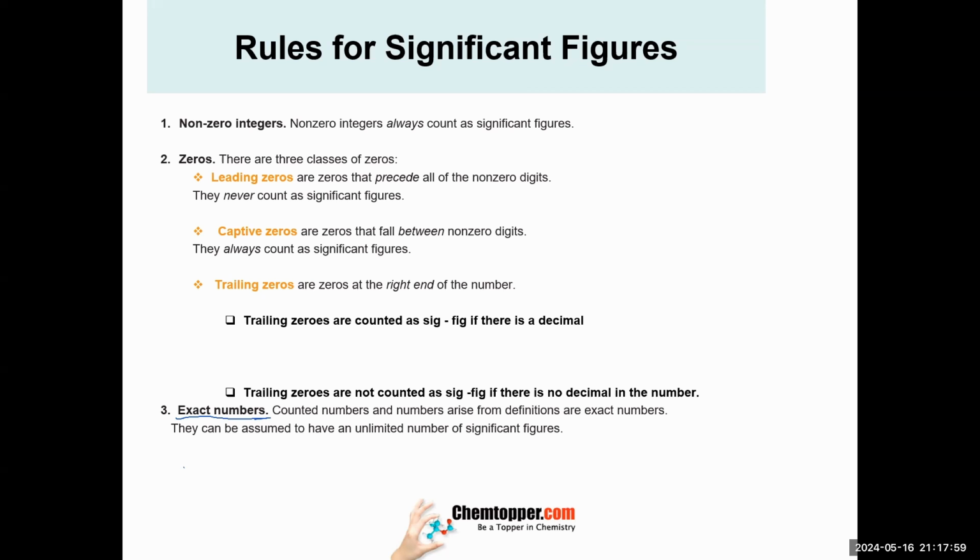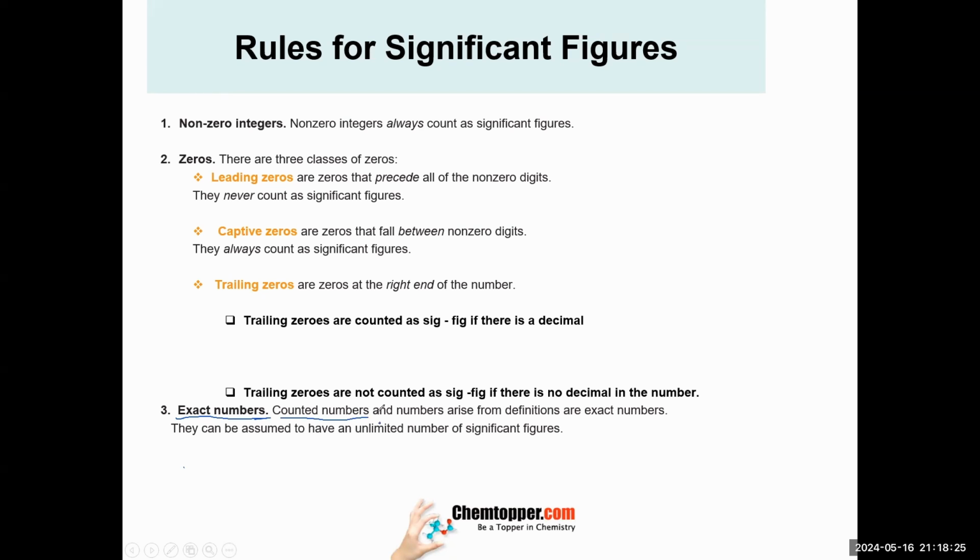It's not a measured number, it's a counted number. When you take a counted number, we don't have any error because we are not using any measuring device. If it is 10, it's 10. It's not 9.8 or 10.2.